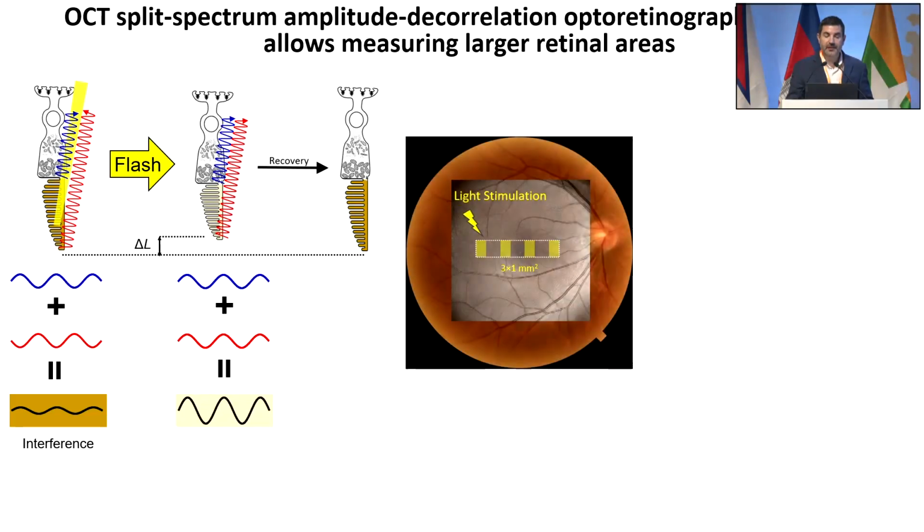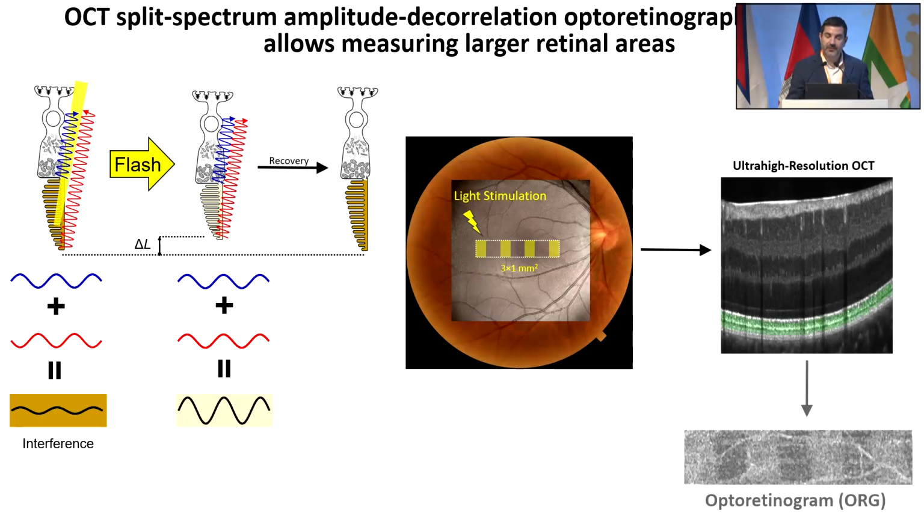So what we deliver to the retina is an alternating stimulus of light and dark, and then we measure the reflectance of the outer segments, and below you can see how we can actually derive an optical image of these changes that matches the stimulus.